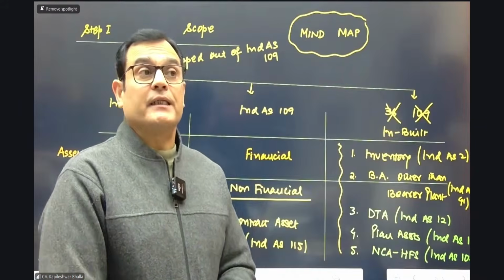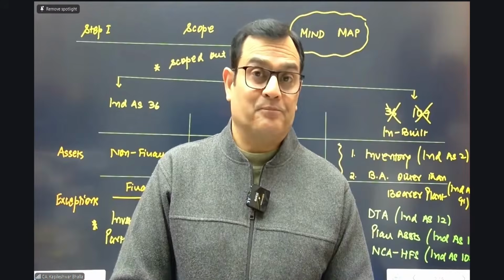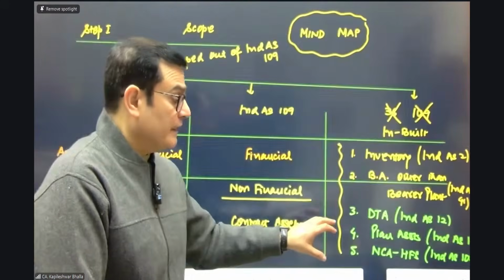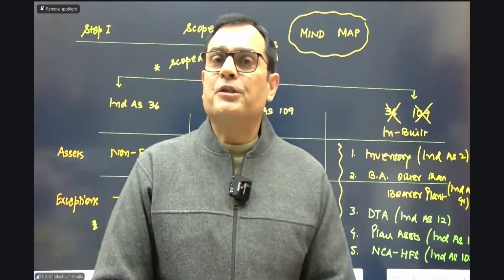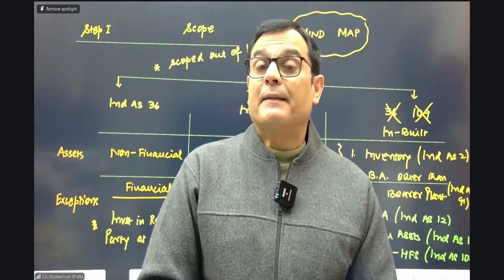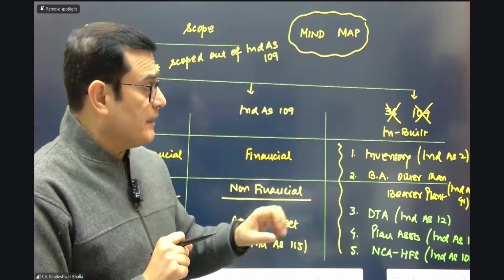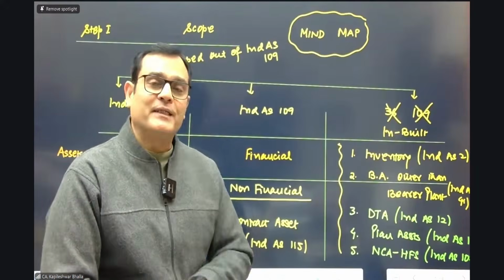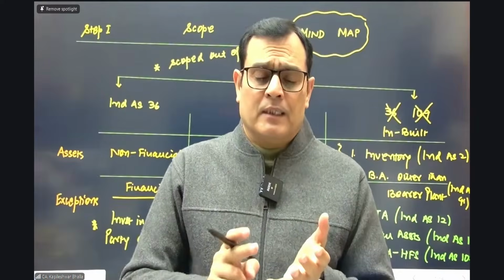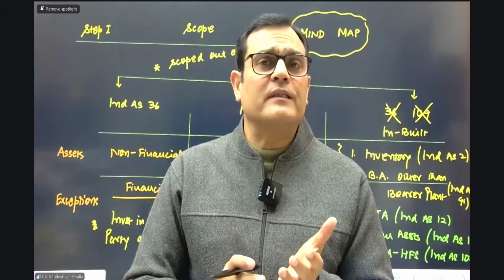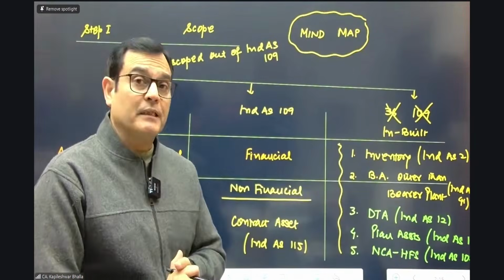NCA held for sale is captured in the balance sheet at fair value less cost to sell. Though it's going to be sold within 1 year, on the balance sheet date as per 105, it is captured at fair value less cost to sell. So these assets do not need any impairment testing. They've got inbuilt impairment testing in this case. So I think we've come to the 5 areas where neither 36 nor 109 is applicable.